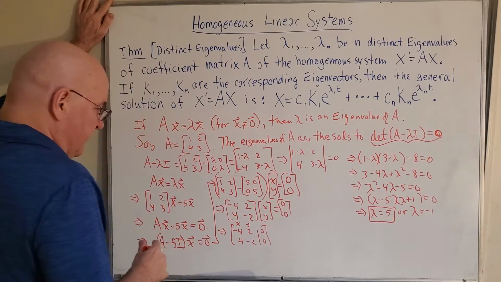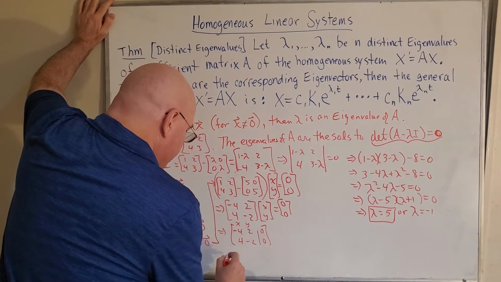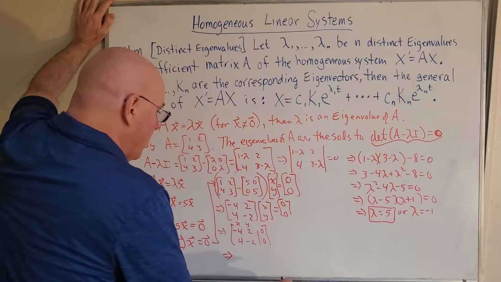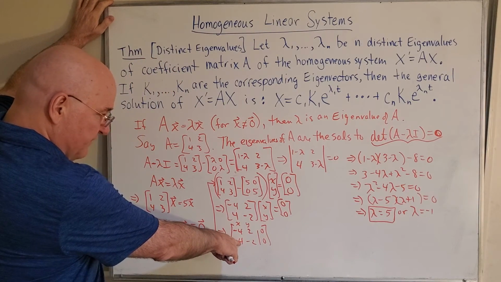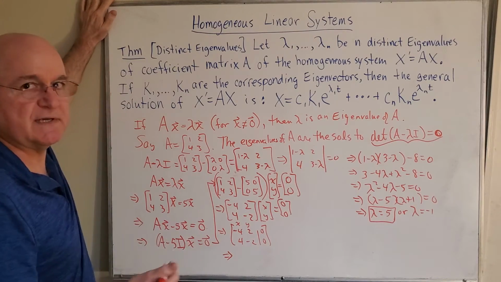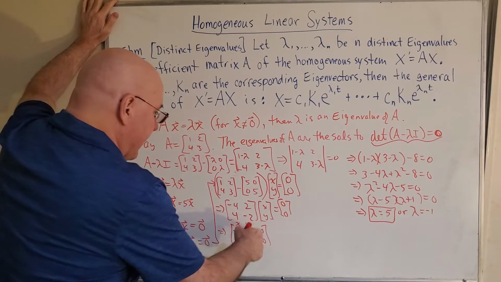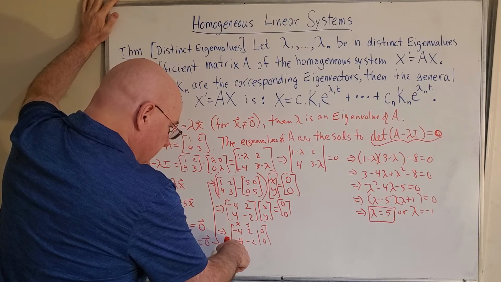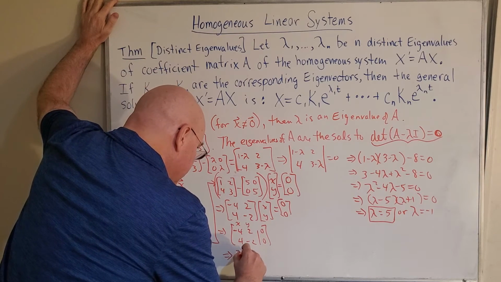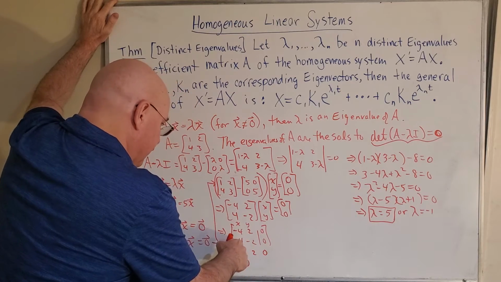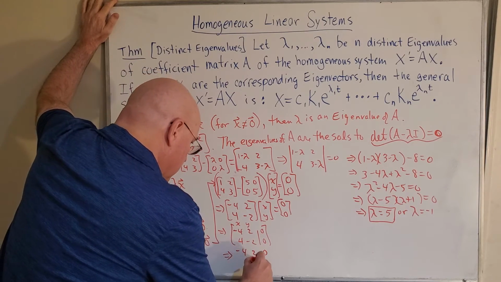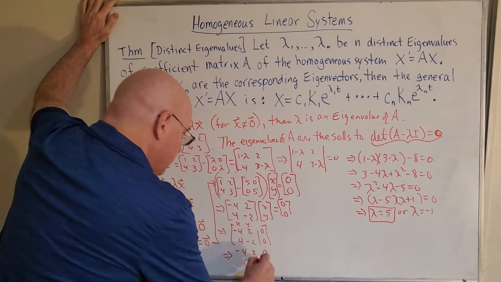So before I do anything, I'm going to add row 1 to row 2 to zero out the 4. We're just using elimination now. So if I add row 1 to row 2, I'm going to get -4, 2, 0, and 0, 0.